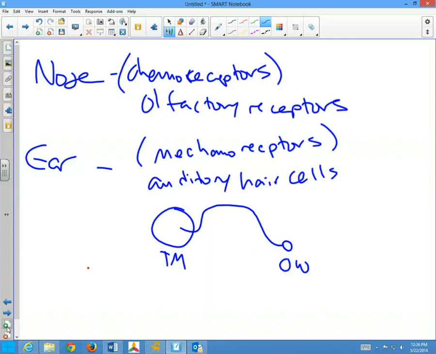Two parts of your ear, the cochlea and the semicircular canals. Semicircular canals are for balance, static equilibrium, dynamic equilibrium. The otoliths for static, the actual semicircular canals for dynamic. This is just for hearing. The hair cells, or instead of auditory, you could say cochlear hair cells. I'd be okay with that.